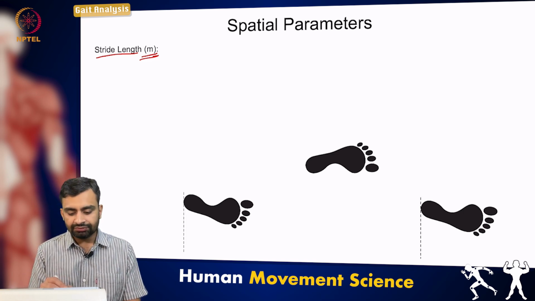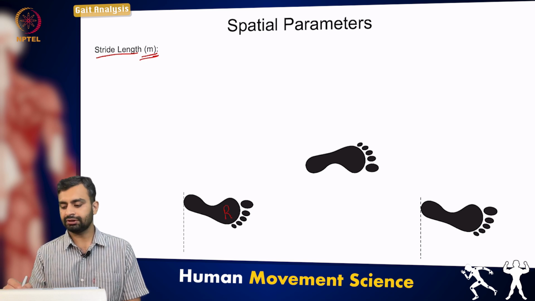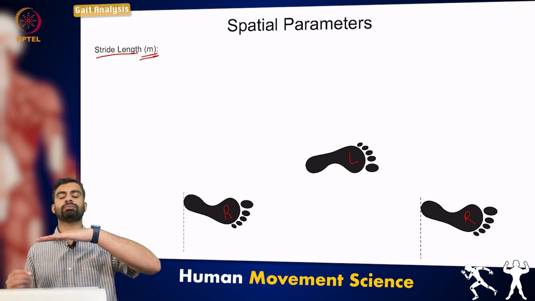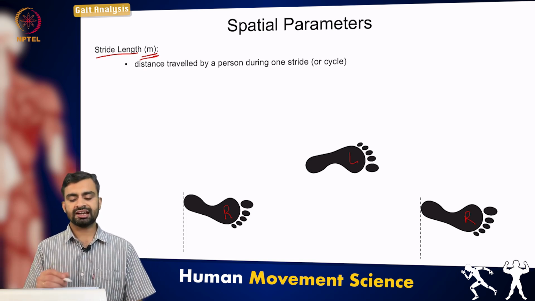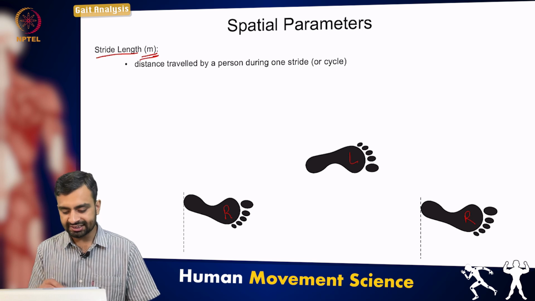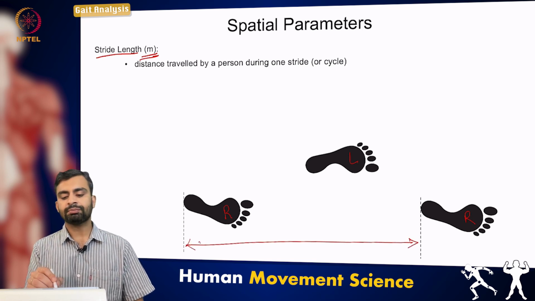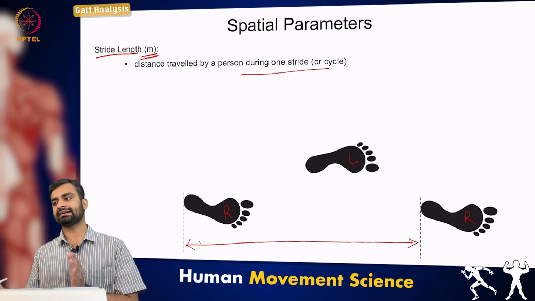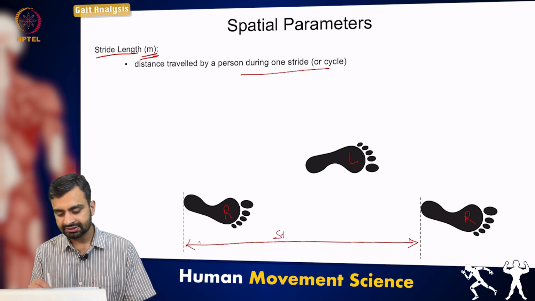We start with one foot. For example, in this case, this is the right foot, left foot and right foot, looking from the top or in the transverse plane. So stride length is nothing but the distance traveled by a person during one complete gait cycle. So for the right gait cycle, this is your stride length.